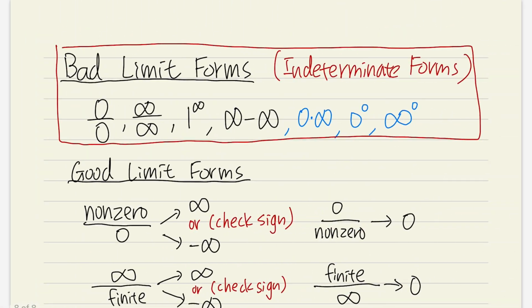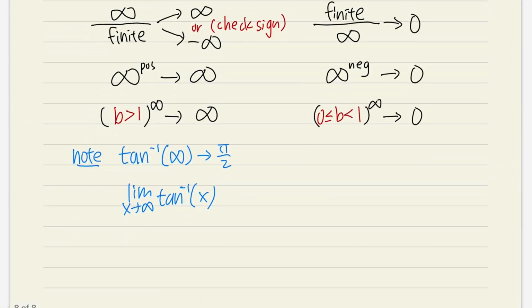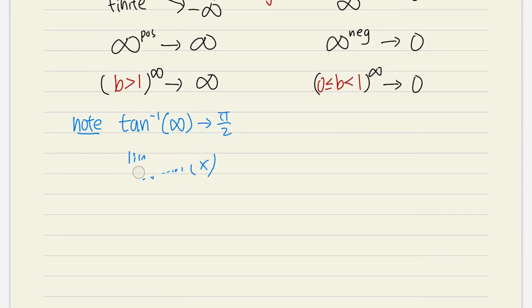Alright, let's go back and then let me give you guys a couple more. And again, let me not put down the limit notation here. Let's talk about if we have natural log. Guess what? The natural log of infinity. Natural log function does not have a horizontal asymptote. This right here goes to infinity. And then if you have sine, and if you take the limit as x goes to infinity, guess what?